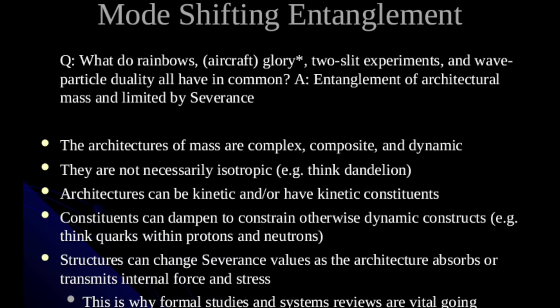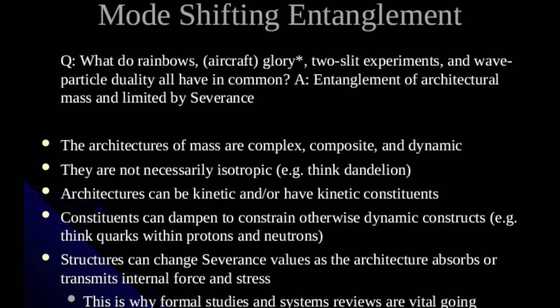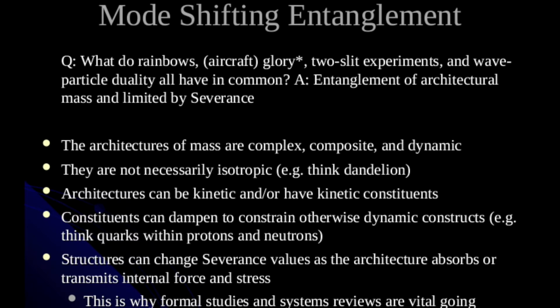Mode shifting entanglement. This is interesting from a lot of different points of view. So a question is, what do rainbows and something pilots often see when they're flying have in common? There are some example videos on our website and in the SolREI Studios channel on YouTube, called Glories.